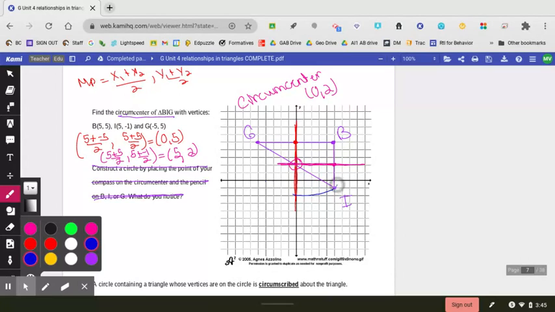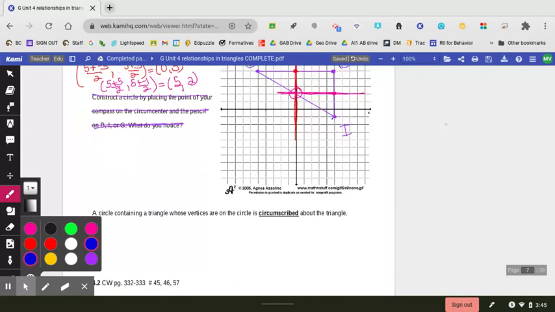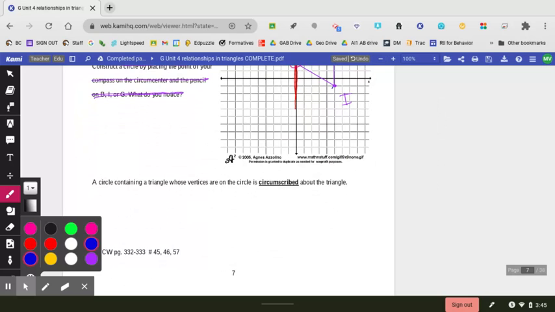So the circle, if I drew it around my triangle, I cannot draw it very well. So let's forget drawing it. A circle containing the triangle whose vertices it touches is circumscribed about the triangle. So what that means is that if I draw the circle around the triangle, it's going to touch the vertices. And this is important because this tells me that the circumcenter is equidistant from all the vertices.